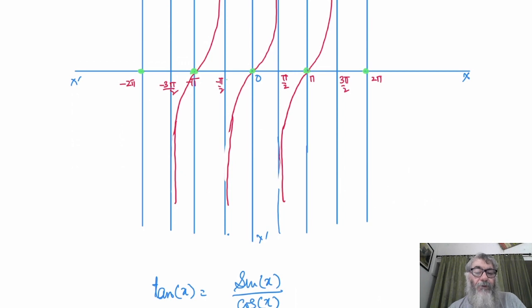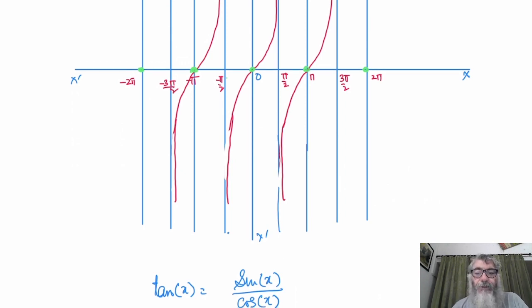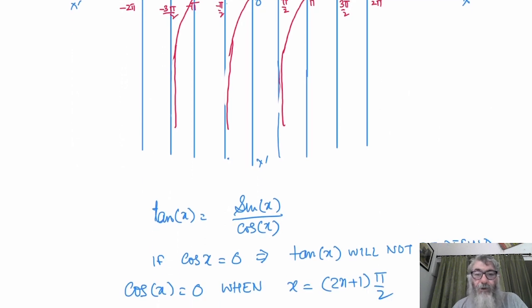It is very important to understand this, because I tried to explain it to you through sin x upon cos x, and we said if cos x is 0, cos x is 0 when x is (2n plus 1) pi by 2. (2n plus 1) pi by 2 means odd multiples, because 2n plus 1 always represents an odd number. Like 2n is always going to be even, 2n plus 1 will always be odd, multiplied by pi by 2.